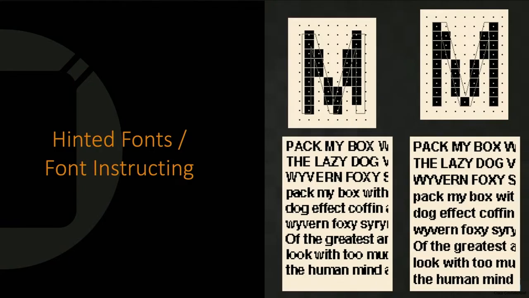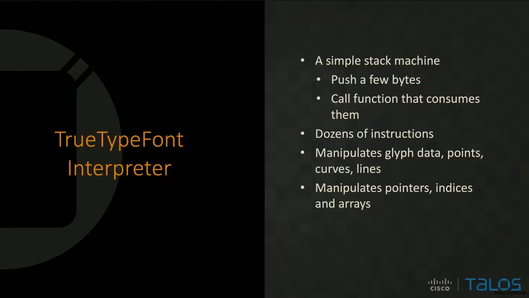Obviously, this can be pretty complex and is basically what we're digging into today. So TrueType font renderers have interpreters. Every TrueType font has bytecode built into it that executes at different levels for different purposes.